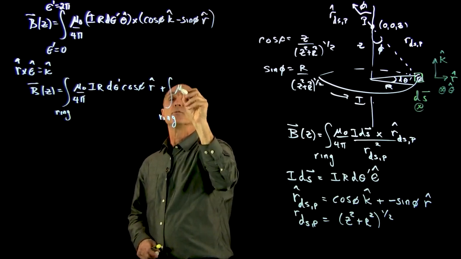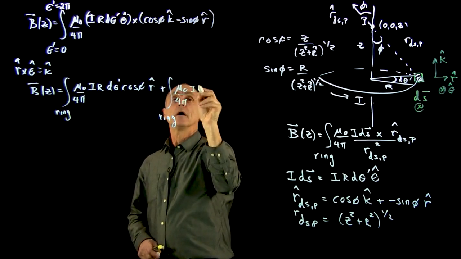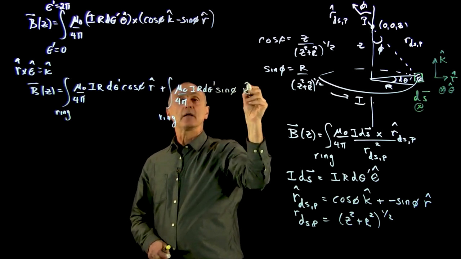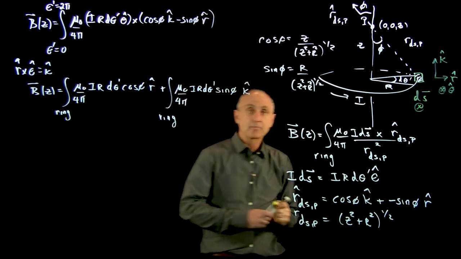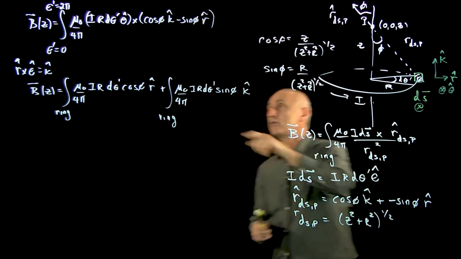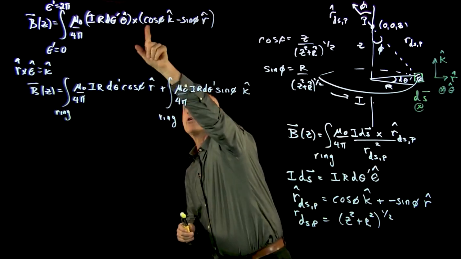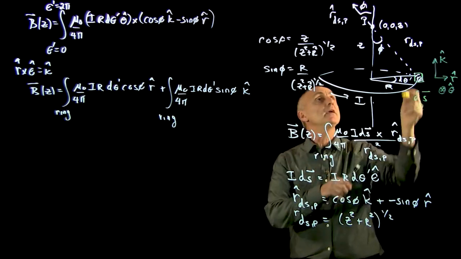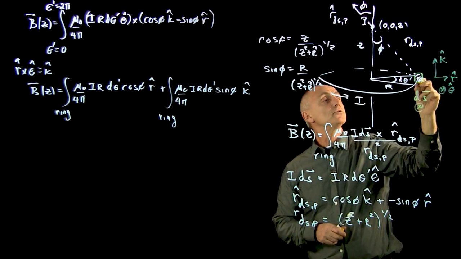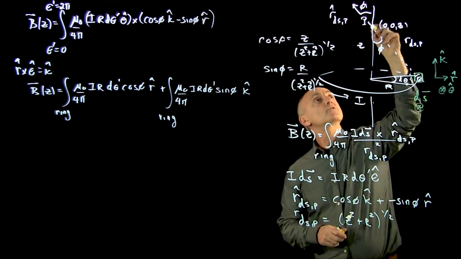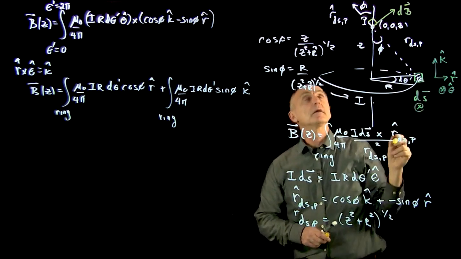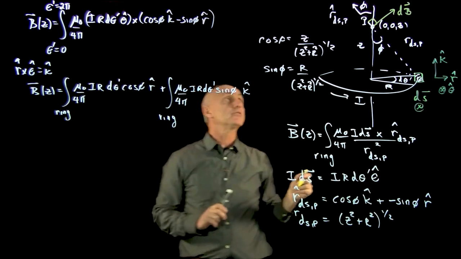And we have our other piece, which is mu naught over 4 pi I r d theta prime sine of phi k hat. Now, notice each of these components in the cross product were positive, so the little dB that's coming from this area is at right angles to r ds and to the unit vector n this way, and so our little dB is pointing like that, and you can see it has these two plus signs.